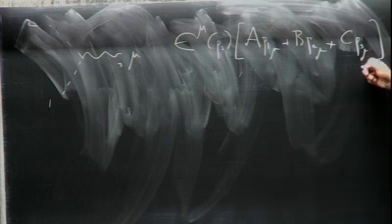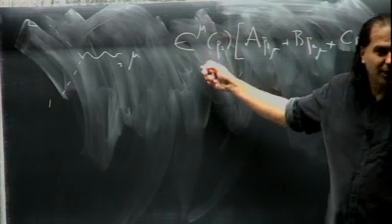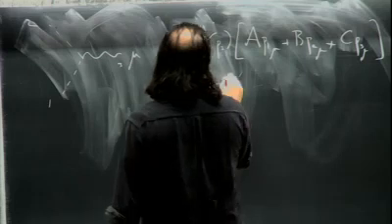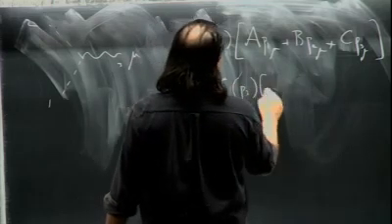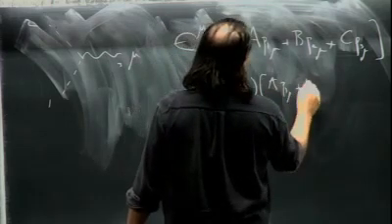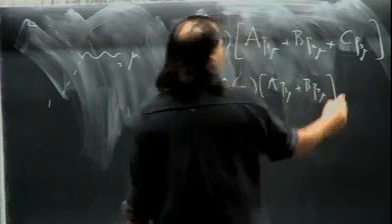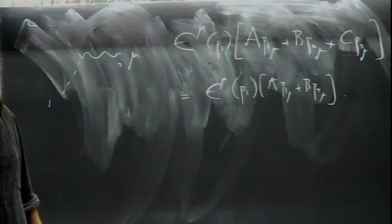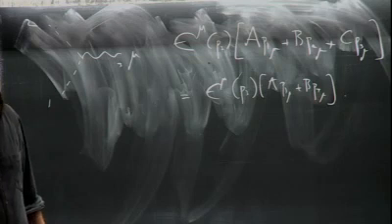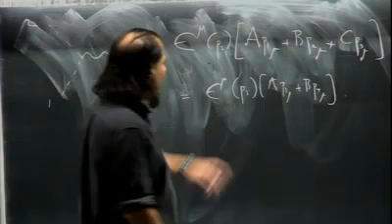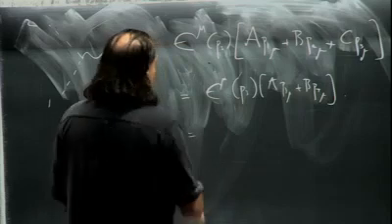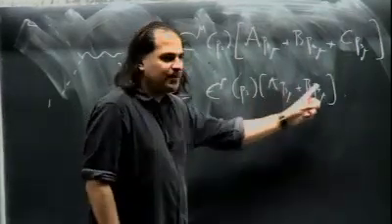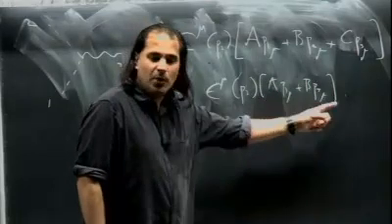Now, p3 dot epsilon 3 is equal to 0. So this is the same as epsilon mu times a p1 mu plus b p2 mu. But also p1 plus p2 is equal to minus p3. So I can break this up into something times p1 plus p2, and something times p1 minus p2.